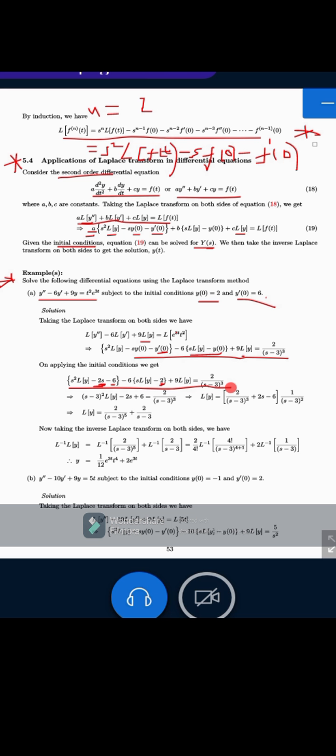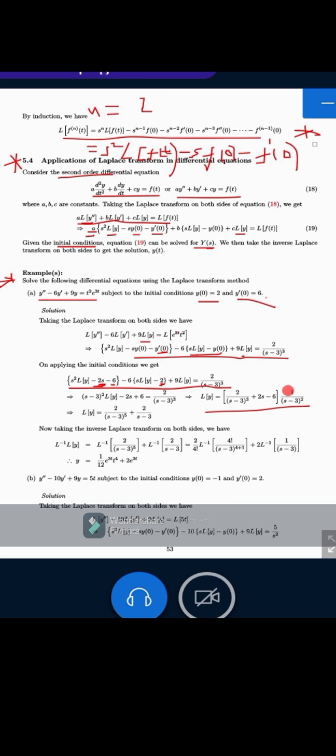So now the remaining task for us is to obtain Ly. That is the next remaining thing. You need to make Ly the subject. That is the Laplace transform of y. If you make it the subject, then you are going to get this: Ly will be equal to all of this.